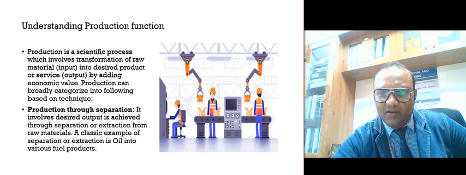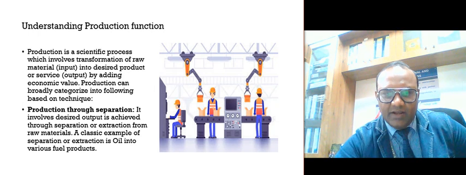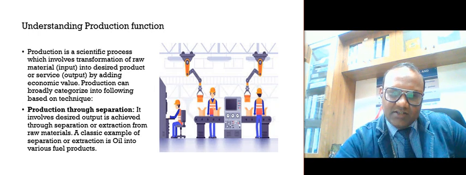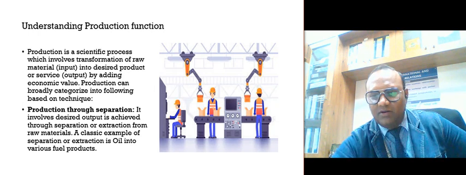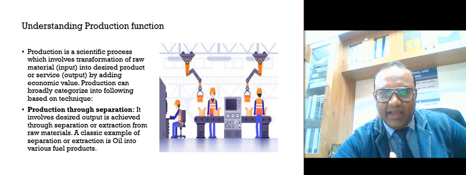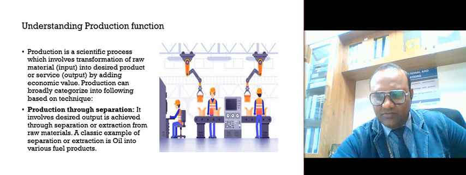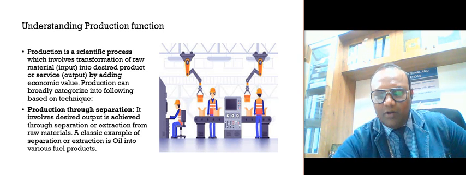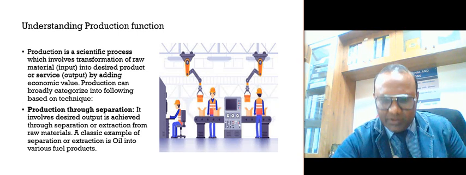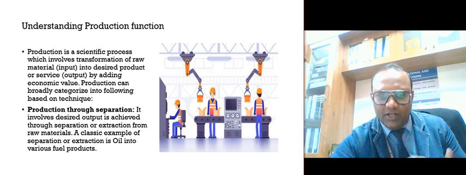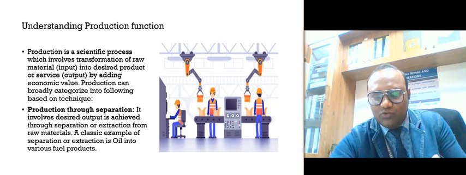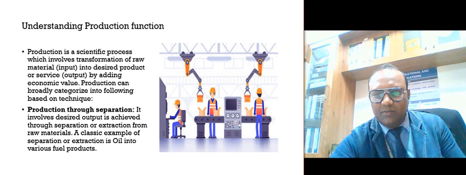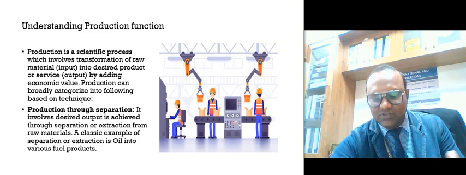There are three different ways in which we achieve this. One is production through separation. It is for certain types of industries which extract raw materials from the crust of the earth, or get these raw materials in a very crude form, and then run them through a process of extraction or separation.